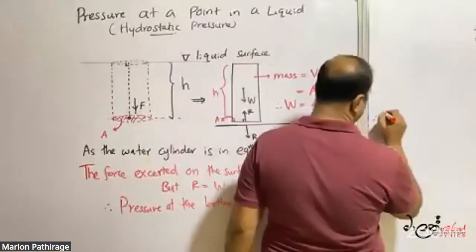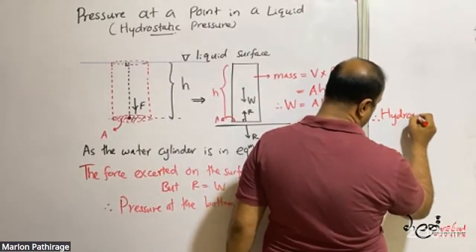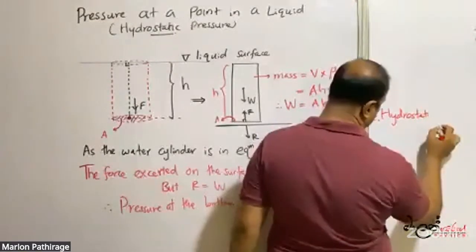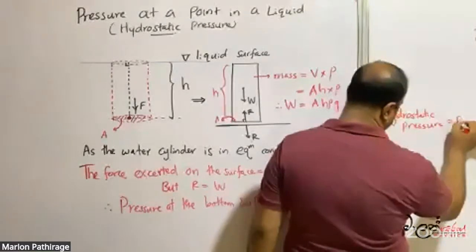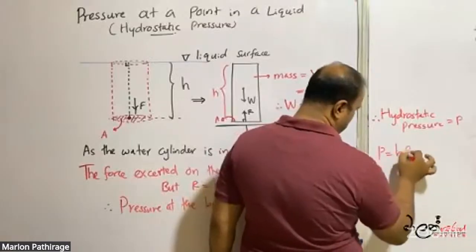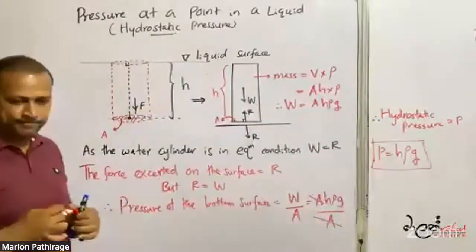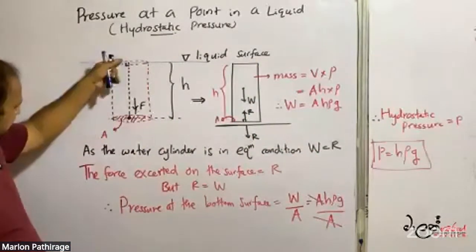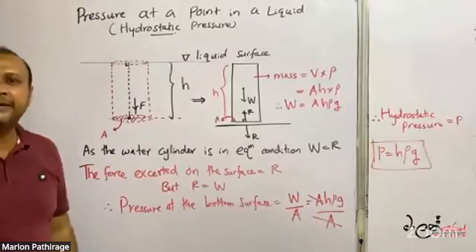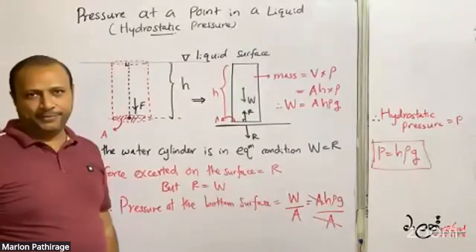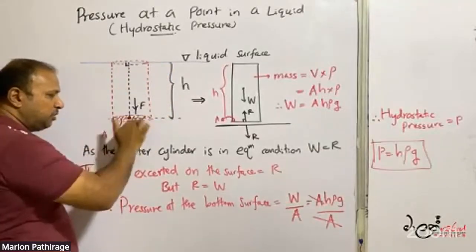Therefore, if we call the hydrostatic pressure P, then P is equal to H rho G. H means the perpendicular height from the liquid surface to the particular point.